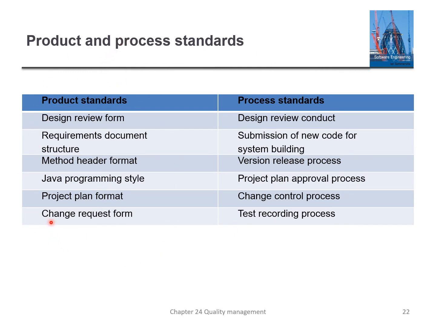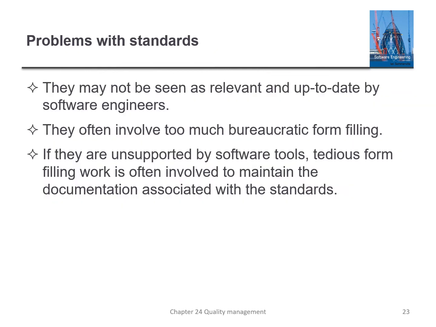For example, if you want to capture the requirements, what is the structure that you need to follow? If you want to change something, how do you handle changes in the software? So you have a change request form. These are very related to the product, whereas the other is related to the processes that the team is following.